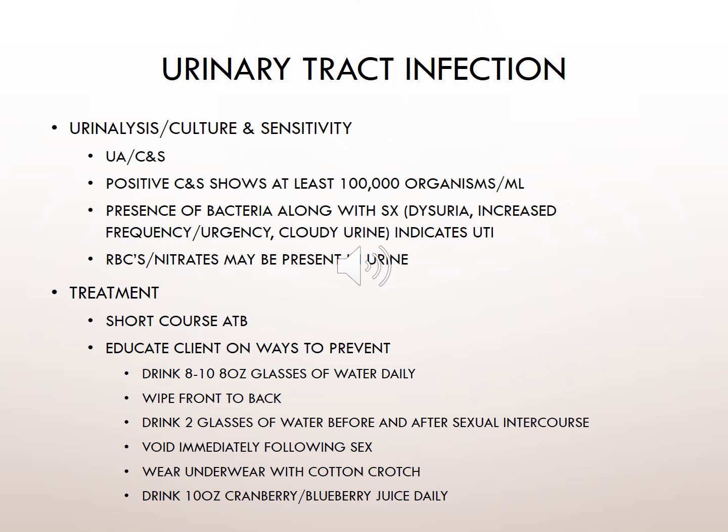And also, just having a 10-ounce glass of cranberry or blueberry juice daily can help that patient who is prone to UTIs. So those are some preventative measures that you can educate your client on.